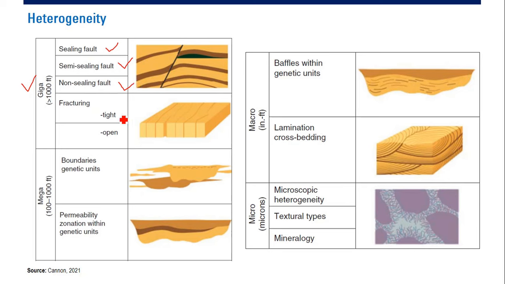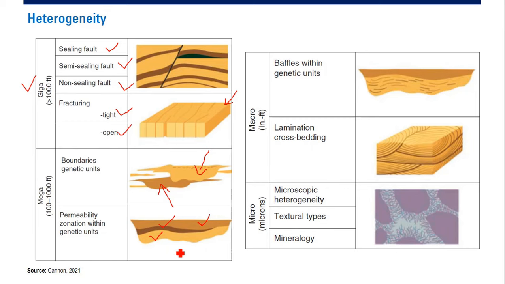And fracturing, we have tight fracture or open fracture like this one. Again, it will make it heterogeneous. And boundaries, genetic units, different boundaries. Different units, the light color and the dark color. And then also permeability zonation. So permeability here is different from permeability there, and also different from permeability there.